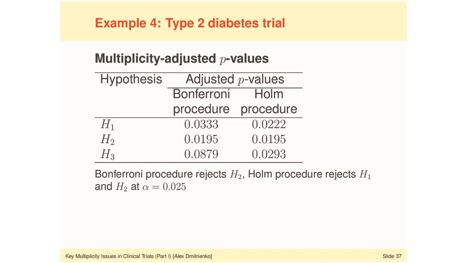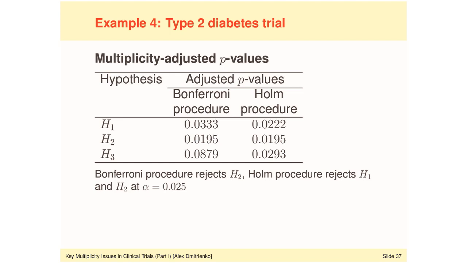To be able to develop decision rules based on those adjusted p-values, all we have to do is simply compare those adjusted p-values to the predefined alpha level, which is 0.025, and you can easily see that only one of those adjusted p-values, specifically the adjusted p-value for H2, is less than or equal to alpha of 0.025, and therefore the conclusion that we summarized here at the bottom of the slide is that the Bonferroni procedure rejects only H2.